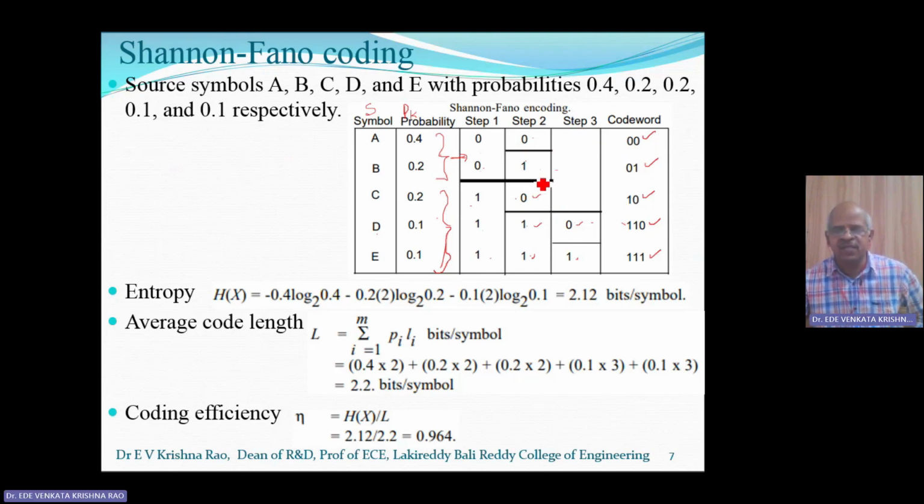We find the efficiency, which is the minimum code length divided by the average code length. Minimum code length is equivalent to entropy, the average information, divided by the average code length.